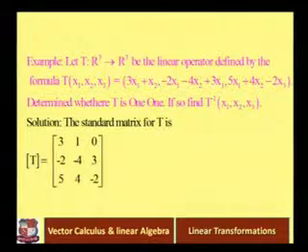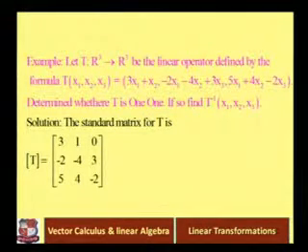So here is the standard matrix. How do we make this standard matrix? We take the first coordinate, 3x1 plus x2, and the coefficients of x1, x2, x3 are 3, 1, 0. So that is the first row of the standard matrix.